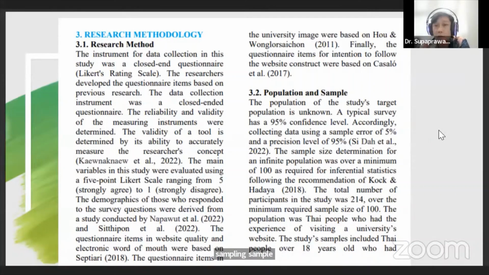If you use the definite population, you have to use the formula for calculation of the sample for a definite population. Contrastingly, if you use the indefinite population, you have to use the sample size determination formula for the indefinite population. It's not the same.